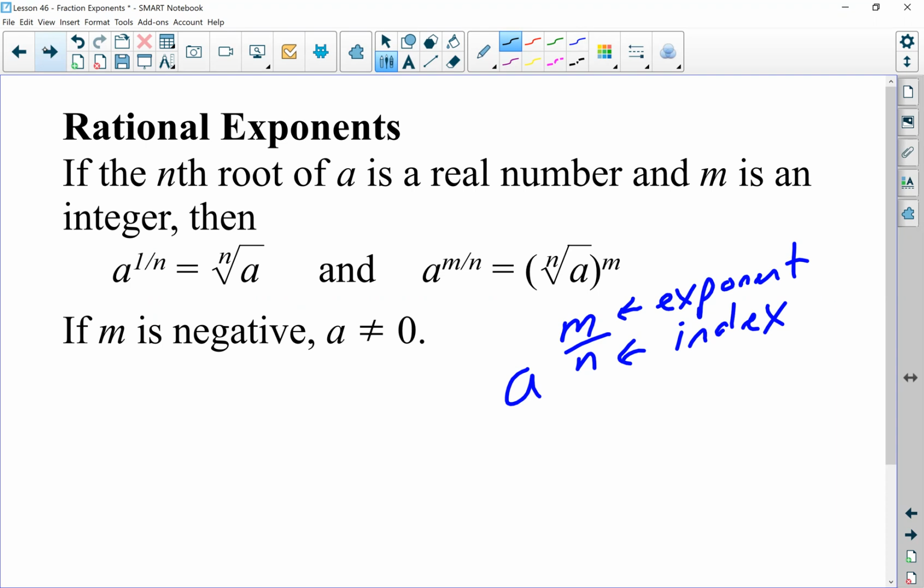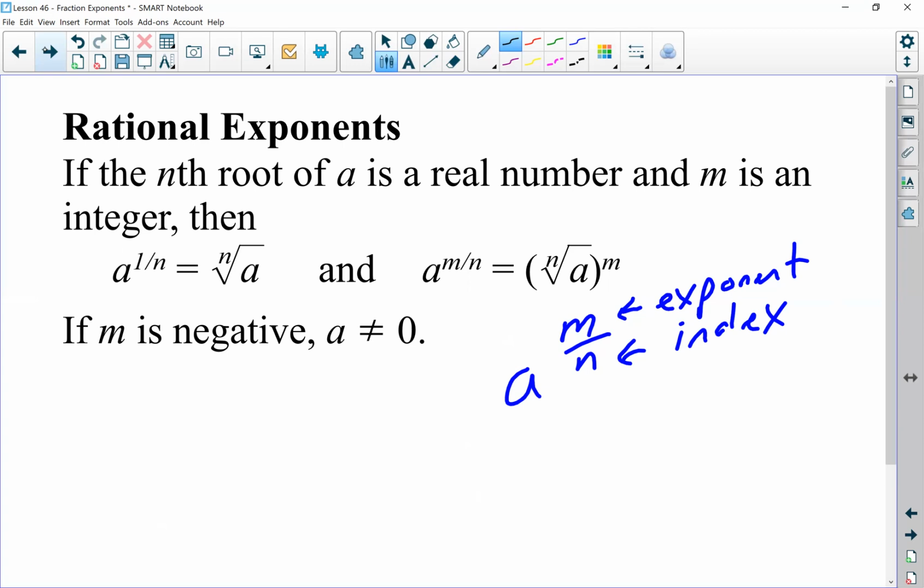So if the nth root of a is a real number and m is an integer, then a to the 1/n is the same as the nth root of a. And a to the m divided by n is the nth root of a raised to the m power.